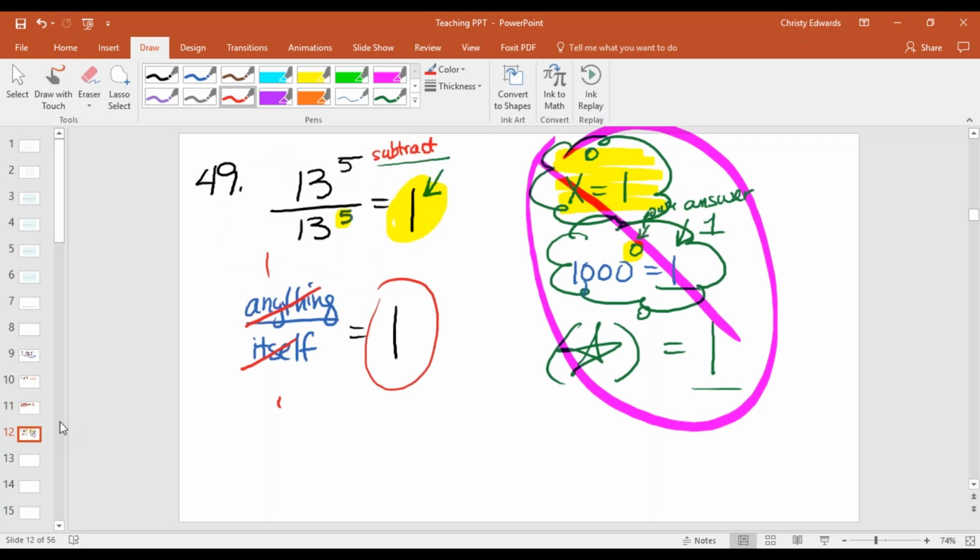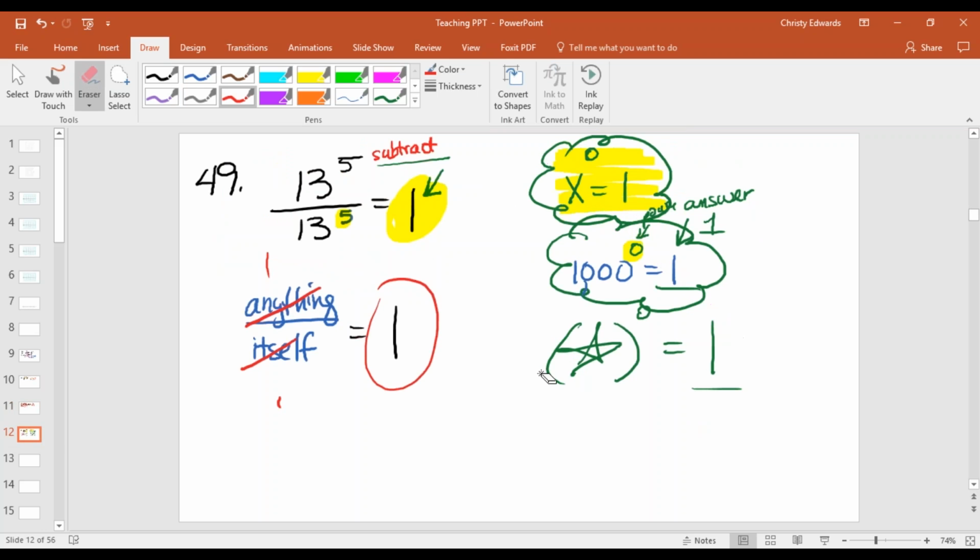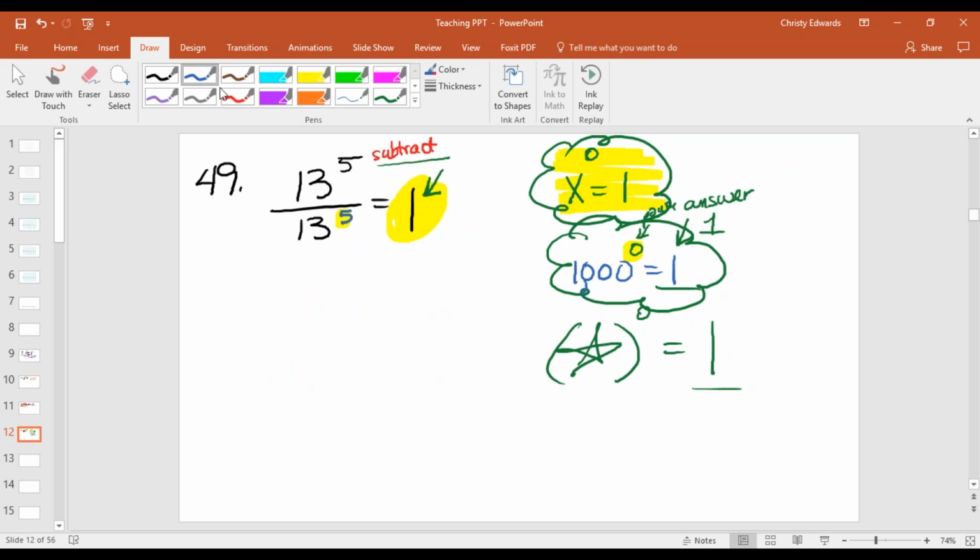So do you now see why I couldn't tell you this the day I taught you this lesson? I hadn't taught you this subtracting the powers concept. But here's the connection: if anything over itself equals 1, isn't that always going to be the same as subtracting 5 minus 5, one of these situations?